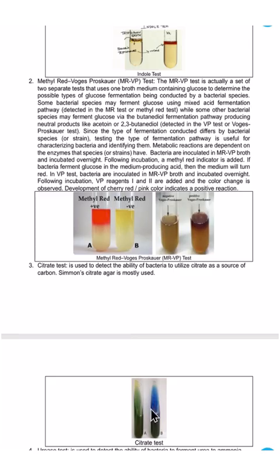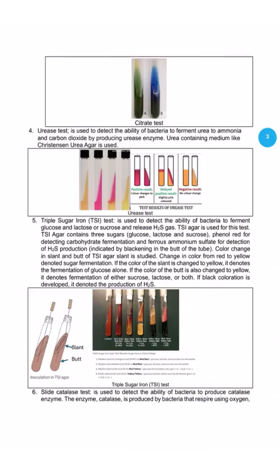So if it changes into blue, then this means this bacteria utilizes citrate as a carbon source, and that's why the medium changes its pH, and the indicator in the medium changes to blue because it becomes more alkaline.